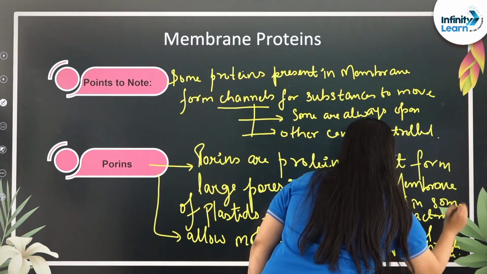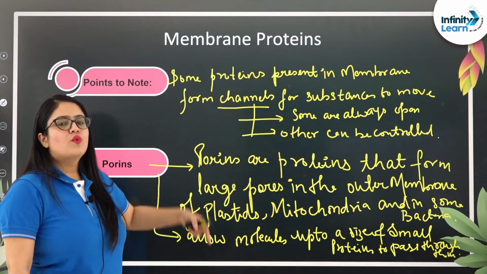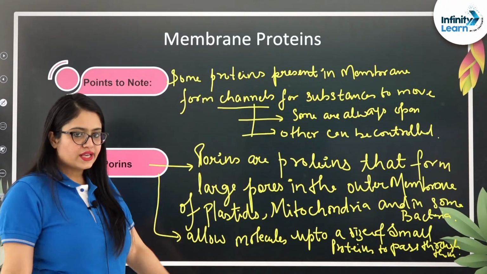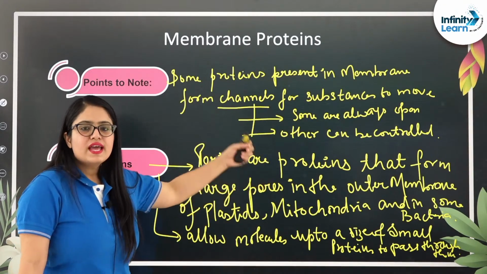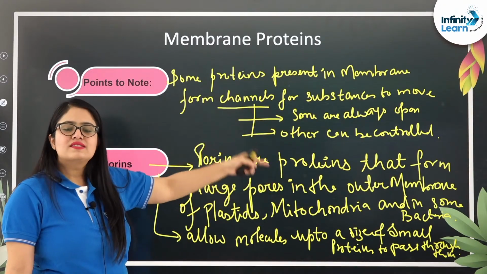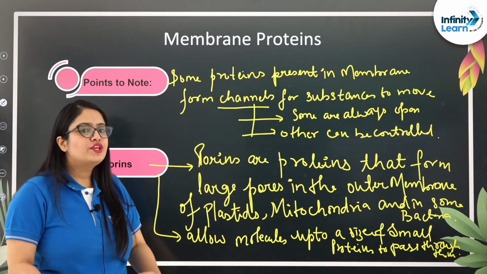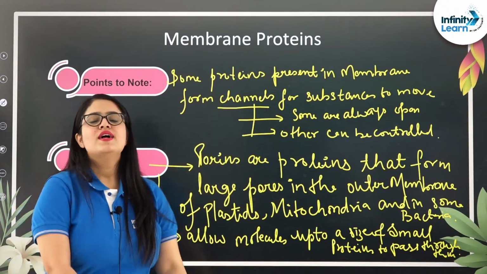Please note this point, very, very important. What are porins? Where are they present? What are they going to do? Porins are proteins. They form large pores in the outer membranes of plastids, mitochondria and even in some bacteria, and they allow molecules up to the size of a small protein to easily pass through them.